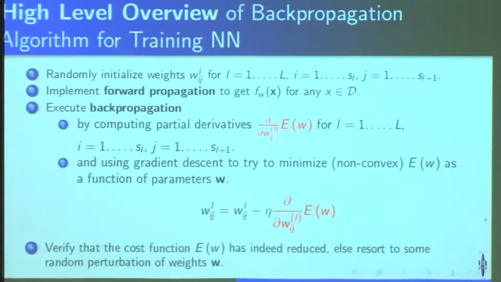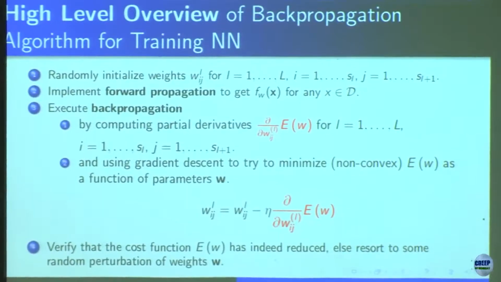So what backpropagation will do is randomly initialize weights. Before you do backpropagation, you'll have to do a forward propagation. You'll have to get the f in terms of the inputs. Obviously, that's when you can differentiate. And then you'll compute the partial derivative of the error with respect to each of the intermediate weights w, and then use gradient descent to try and minimize the non-convex E(w).